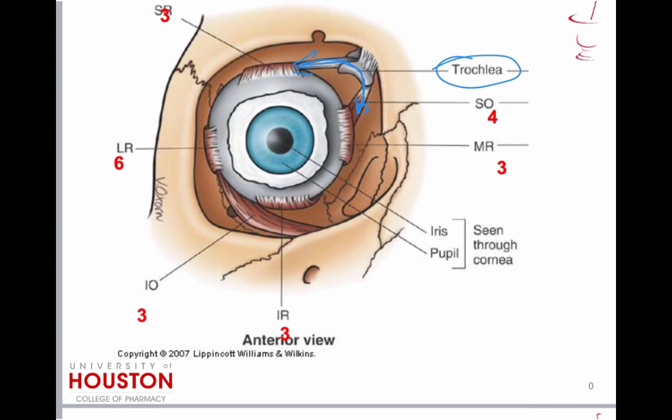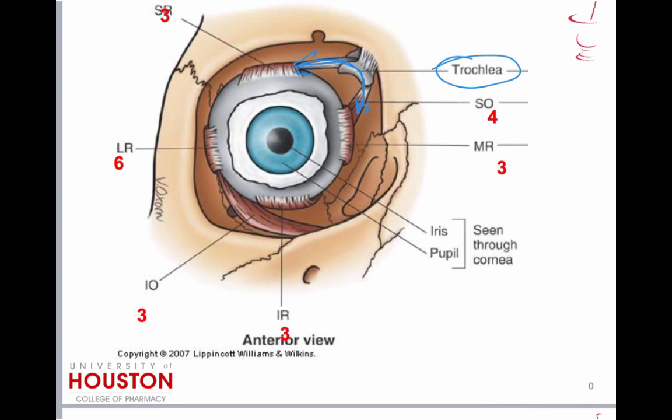So they named the nerve that innervates this muscle, cranial nerve 4, the trochlear nerve. Now, how do I remember that one? Well, think about sulfate. You all went through chemistry class. Think SO4 for sulfate. Finally, our last one is the inferior oblique.